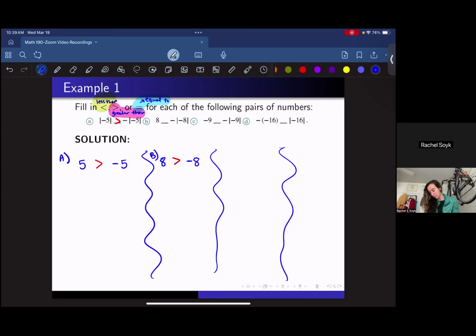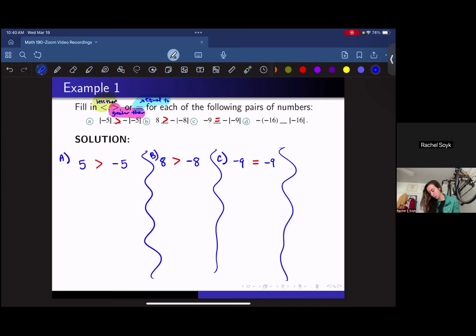Let's go ahead and move to C. -9 is on that left-hand side. Absolute value of -9 is +9, and then there's a little negative in front. The comparison between -9 and -9 is the fact that they're just both equal to one another. I can fill them in above here as well.